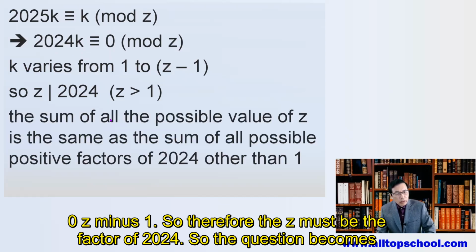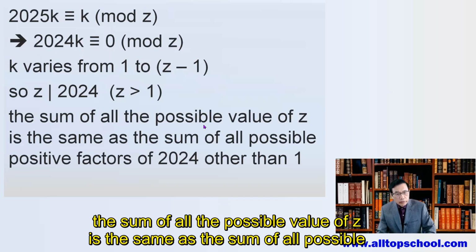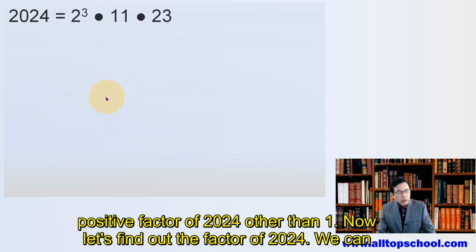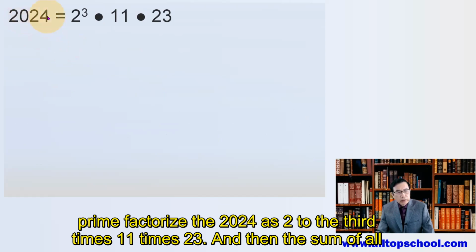So the question becomes: the sum of all the possible values of z is the same as the sum of all possible positive factors of 2024 other than 1. Now let's find the factors of 2024. We can prime factorize 2024 as 2 to the third times 11 times 23.